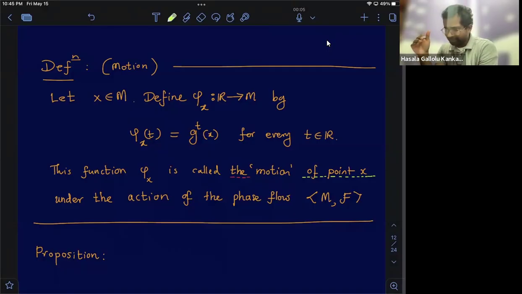the idea of, let's say we're going to define something called motion. What do we mean by a motion? Now, simply, for any point on M, you're going to define a mapping, right?